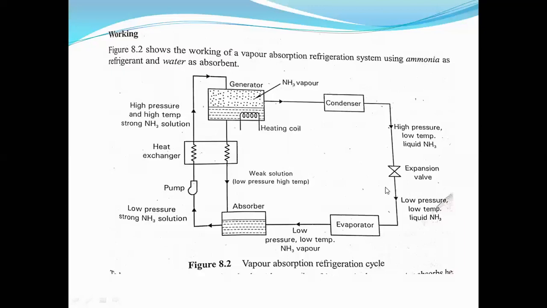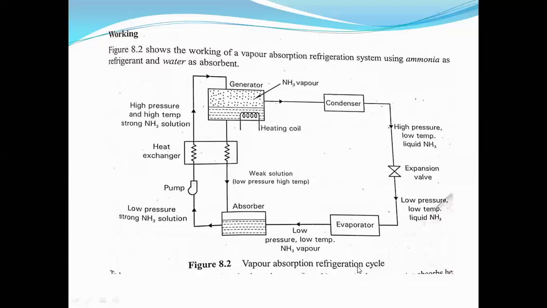In the vapor compression refrigeration system, we use only one refrigerant. But in the vapor absorption refrigeration system, two substances are used: one is the refrigerant and the other is the absorbent. The substance in which the refrigerant is soluble is called the absorbent. In VCR, refrigerants like ammonia, sulfur dioxide, and the freon group are used.